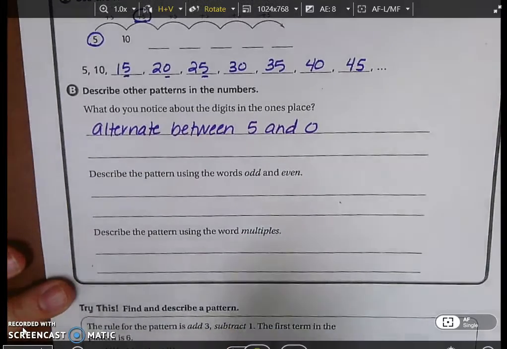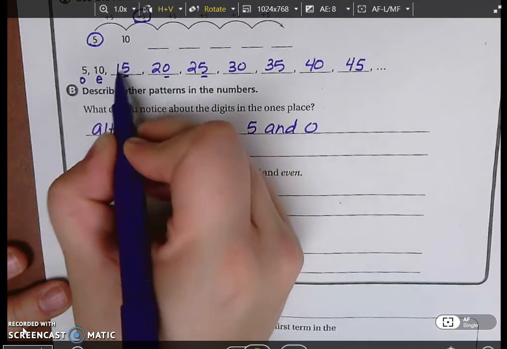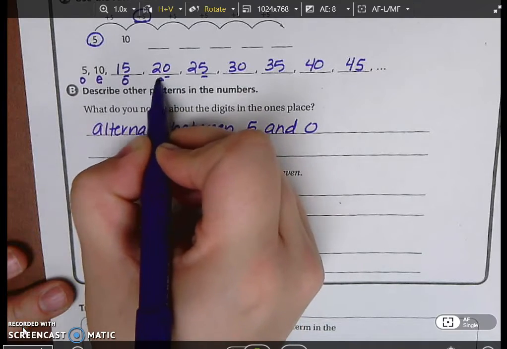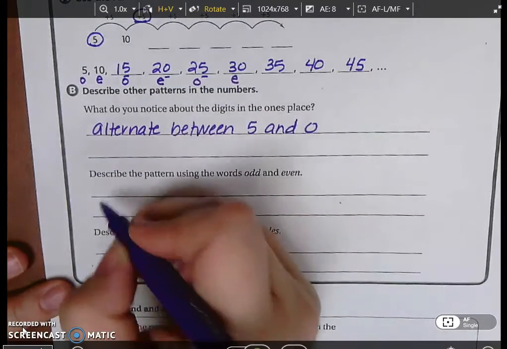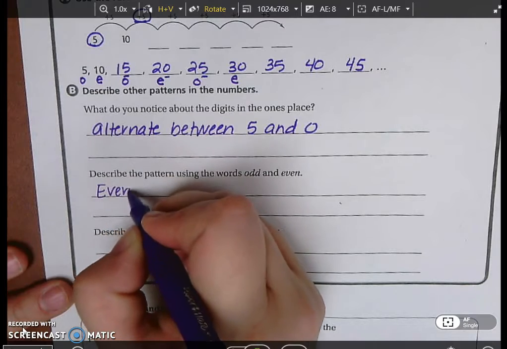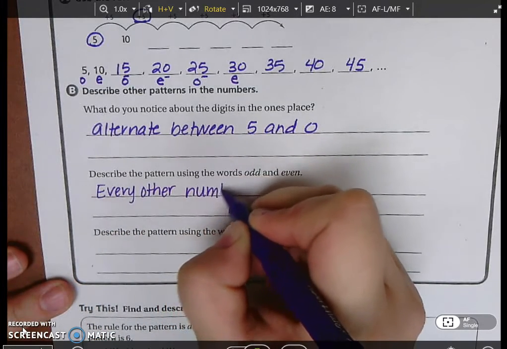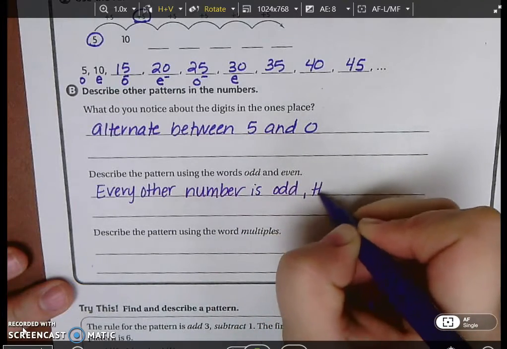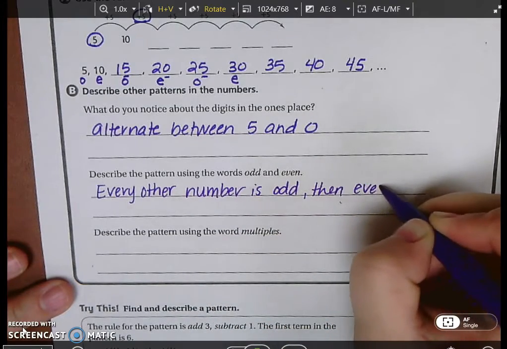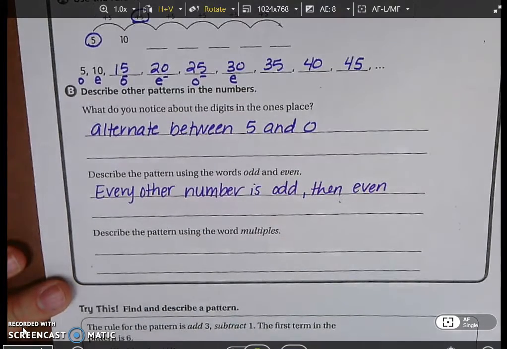Well, I notice that 5 is odd and 10 is even. 15 is odd and 20 is even. 25 is odd and 30 is even. So every other number is odd, then even. It alternates between odd, even, odd, even, odd, even.